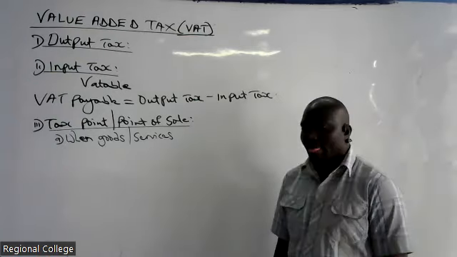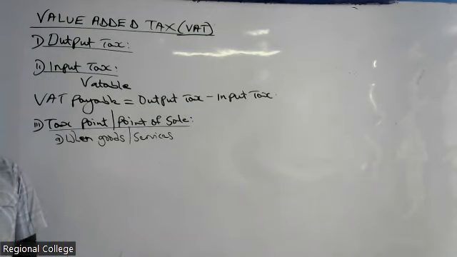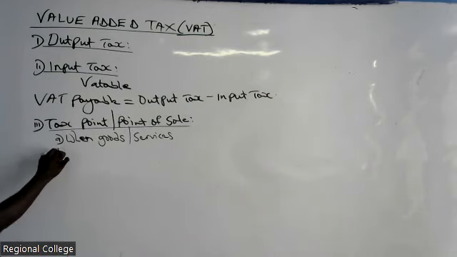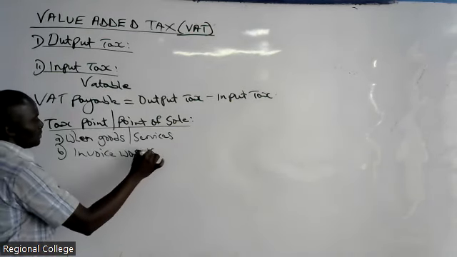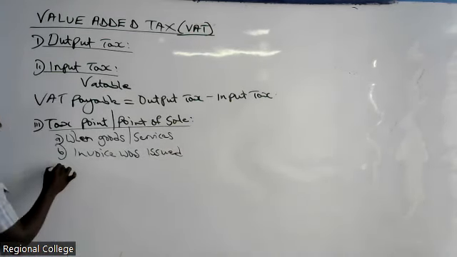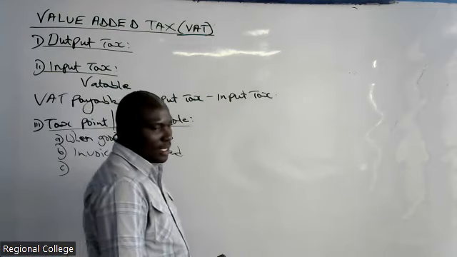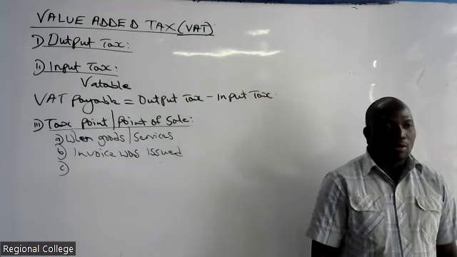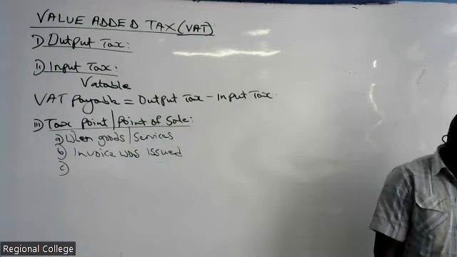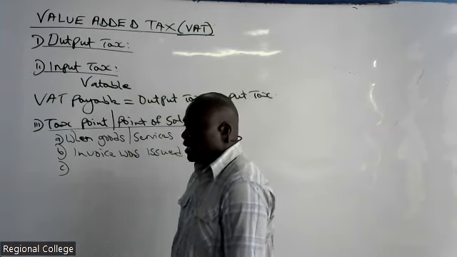Number B, when invoice was issued. Number C, when payment was made, either in full or partially.